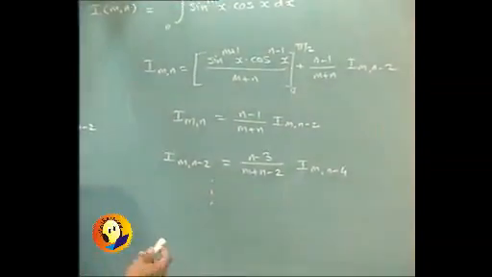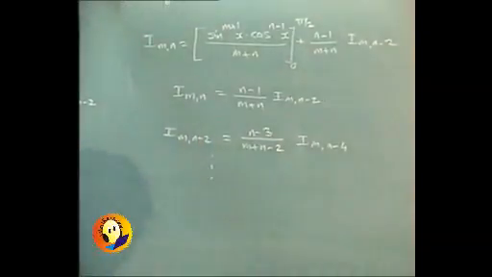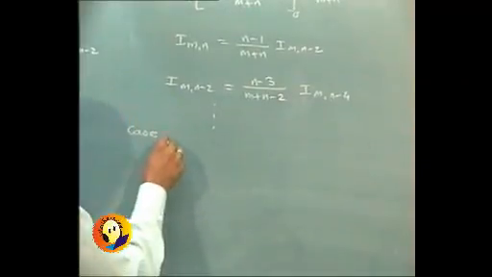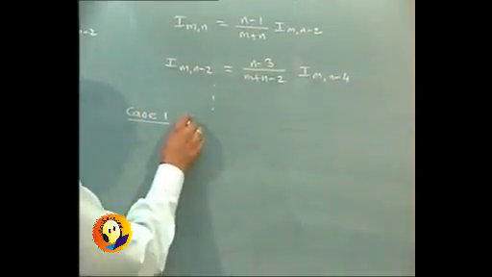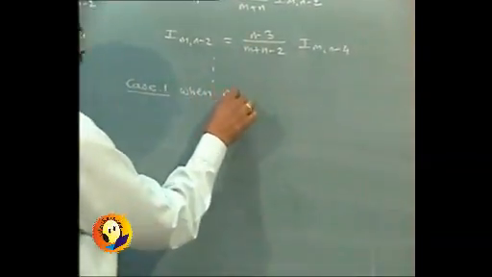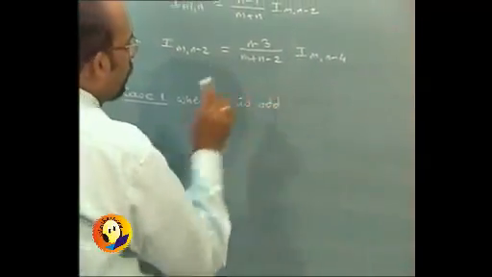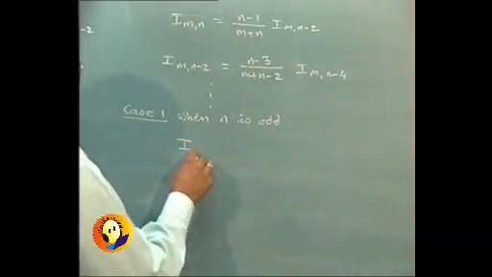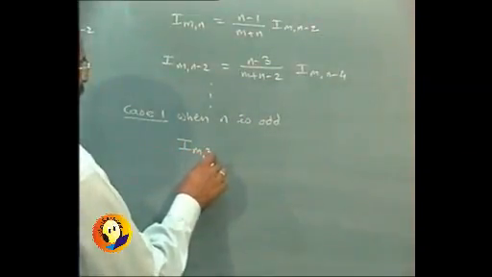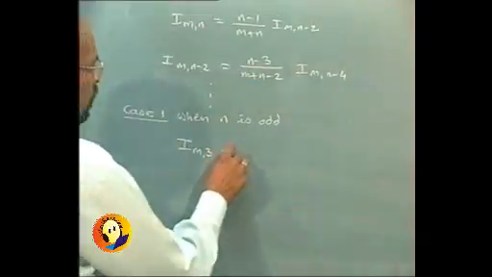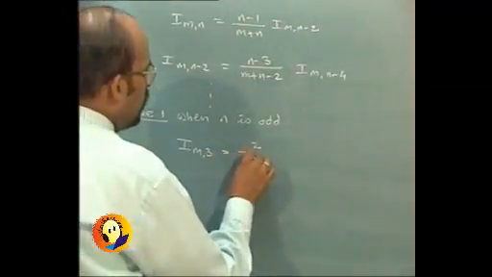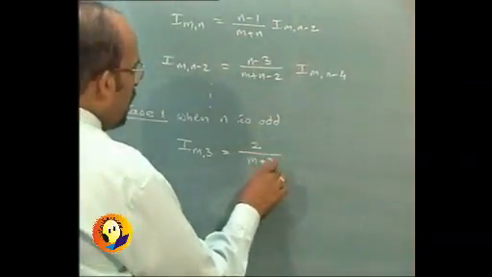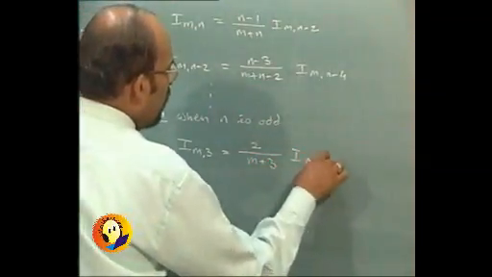Now it will all depend on whether n is even or odd. So let us consider case number 1, when n is odd. If n is odd, we will be eventually reaching the term like I m comma 3, which can be written as 2 upon m plus 3 I m comma 1.